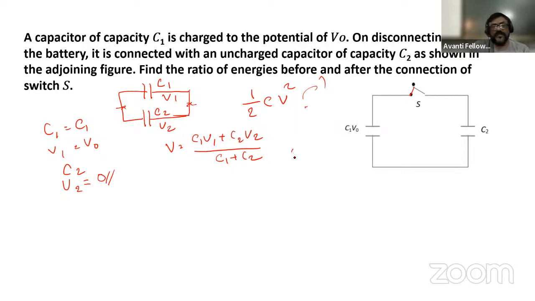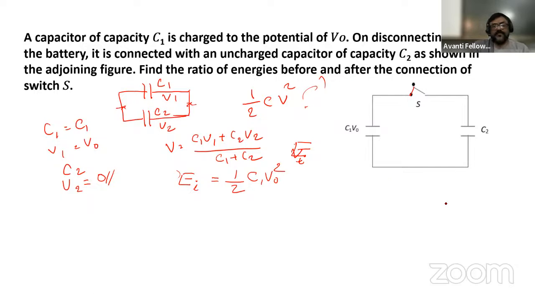So before closing the switch, let me call the energy EI, energy initially. Definitely the expression is half CV square, but C is C1, V is V0. So we can write half C1 V0 square.